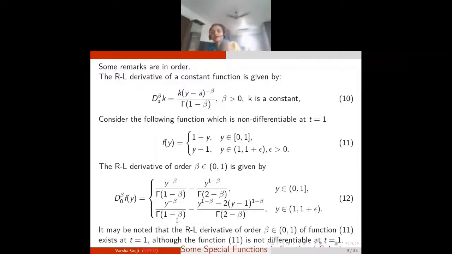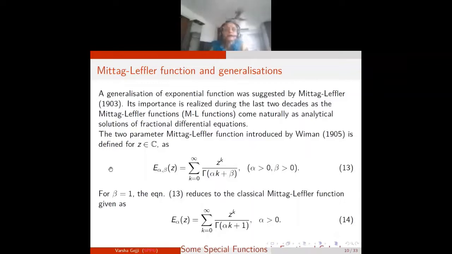So Riemann-Liouville derivative captures lower order differentiability. It is not differentiable at order 1, but it is differentiable of order 0.99, for example, and all lower orders. So this is the beauty, and it tackles some such differential equations.